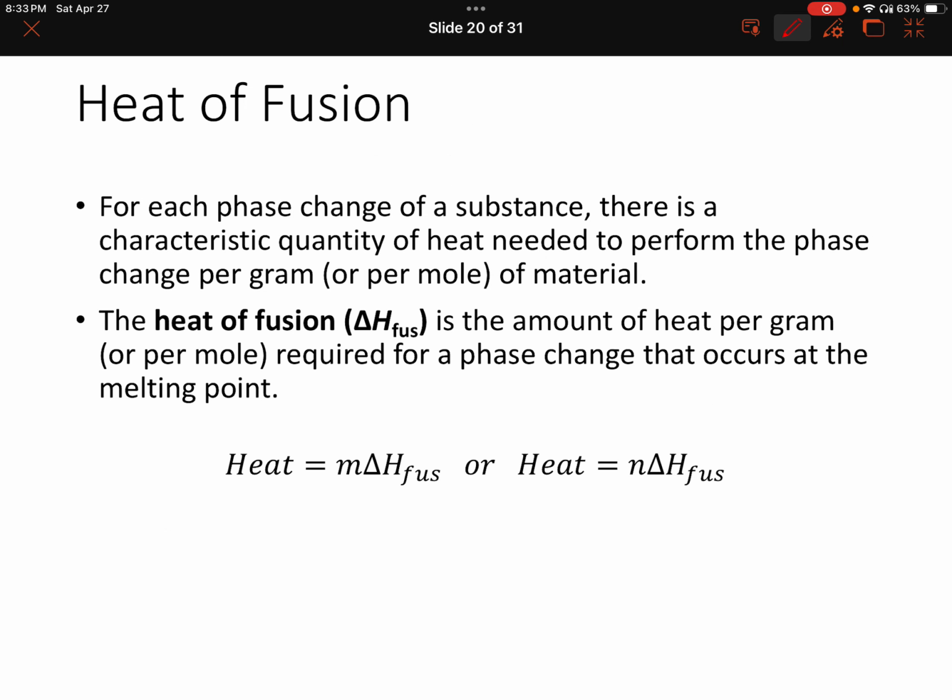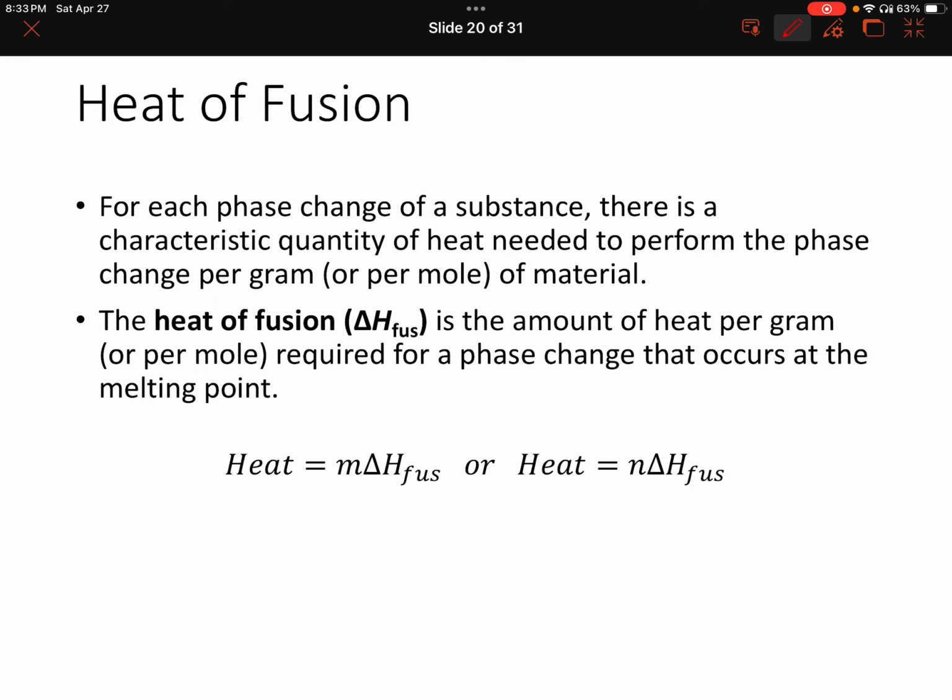All right, so let's talk about the first equation we'll use, which is called the heat of fusion. For each phase change of a substance, for example, going from solid to liquid, there is a characteristic quantity of heat needed to perform the phase change per gram or per mole of material.